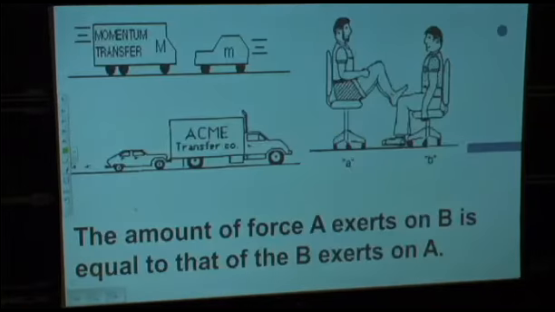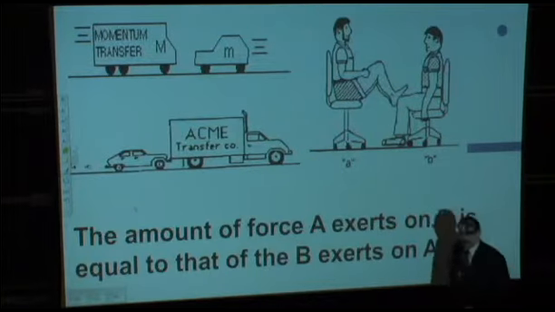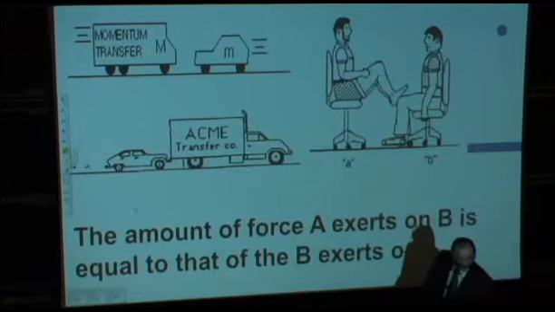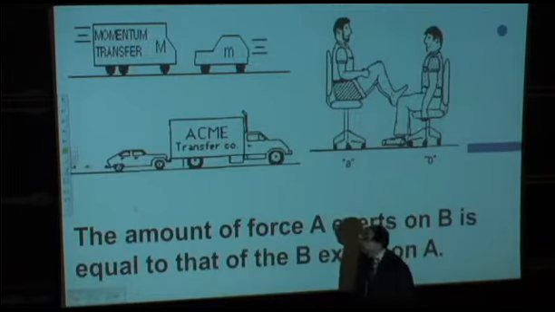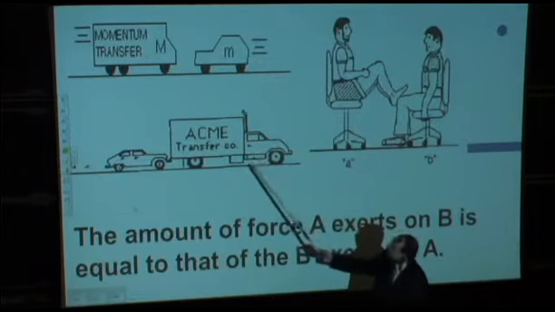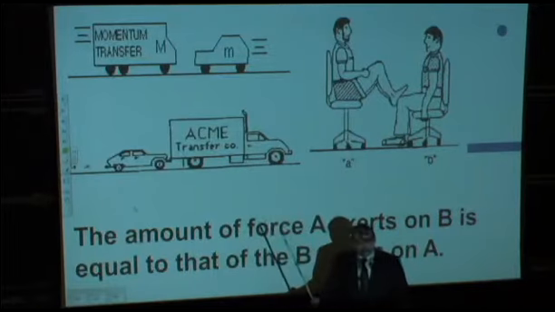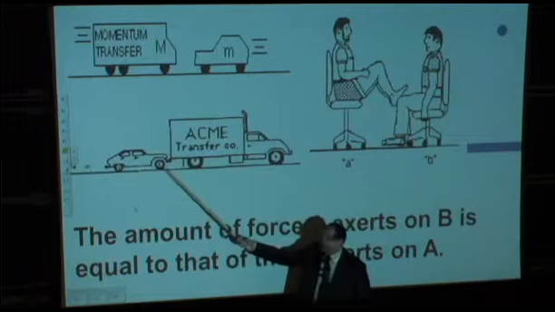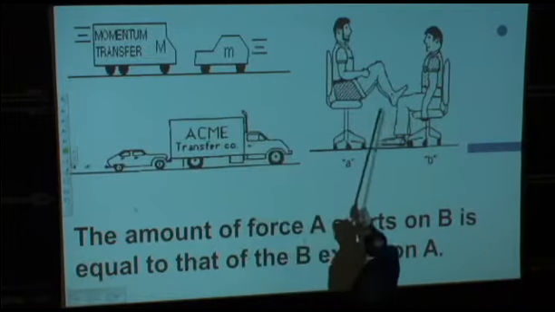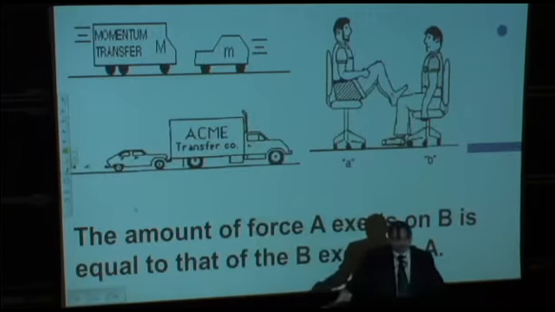There are several other situations you've met before. Any kind of collision, any kind of push or pull. It doesn't matter if you have two objects of the same mass or same size or very different. Here interaction is happening, here interaction is happening, here interaction is happening.